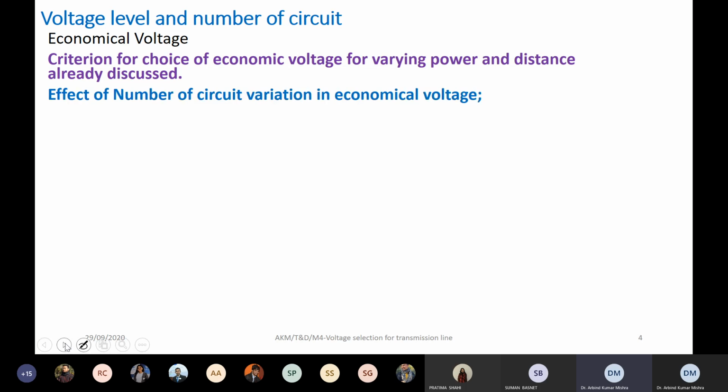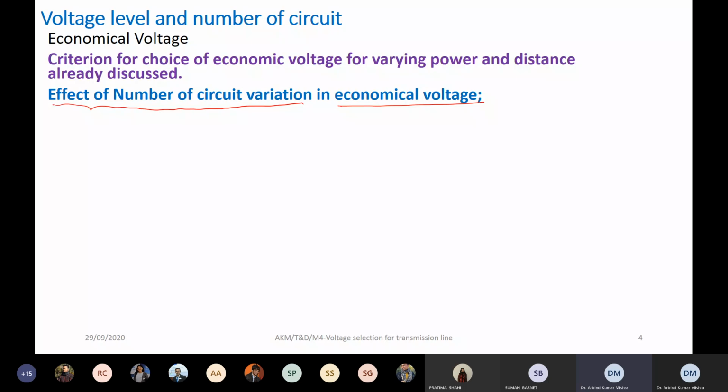Now, since we have to select the voltage level and number of circuits together, we have not discussed till now the effect of the variation in the number of circuits on the economic voltage.